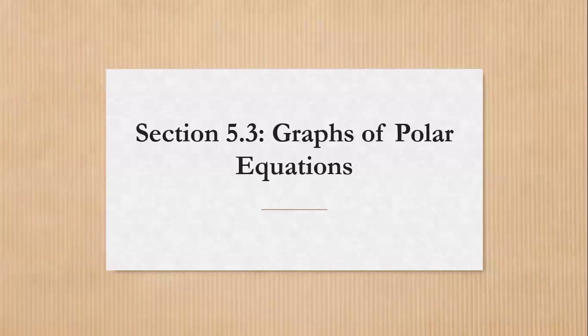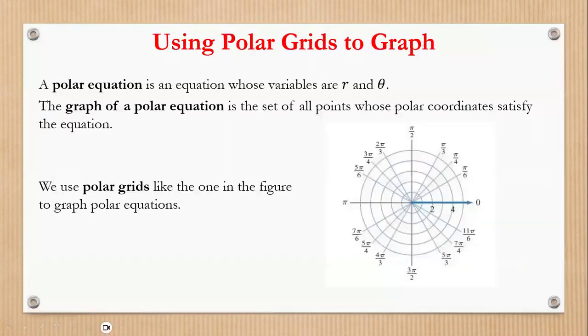In this section, we want to talk about the graphs of polar equations. In the previous section, we talked about the polar grid and the polar coordinates, and we said that any point on the polar grid has two coordinates, r and theta.